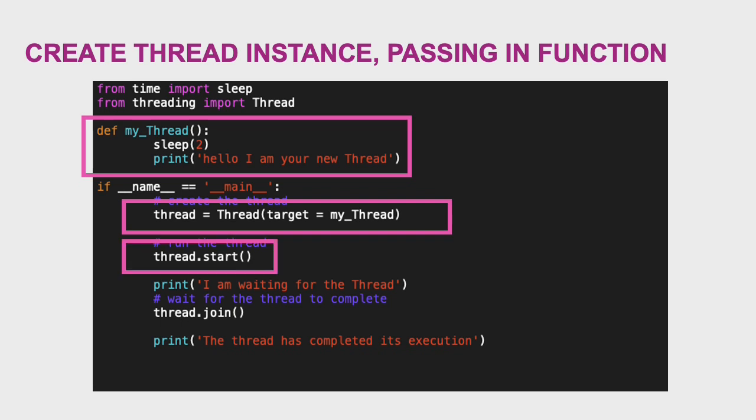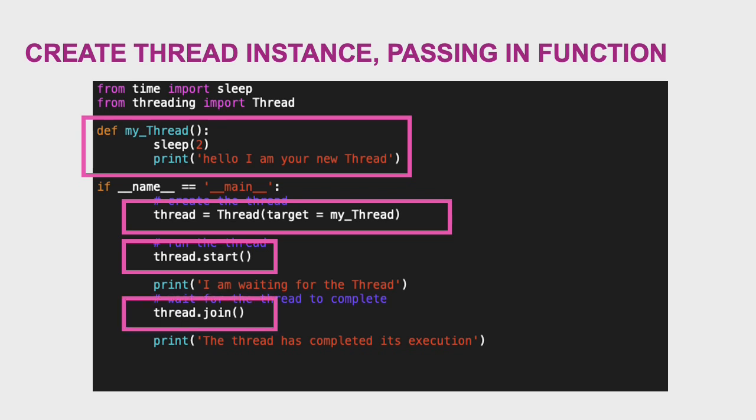The second step is to invoke the thread's start method. This activates the thread. After we execute the start method, the thread is alive and it actually starts running.